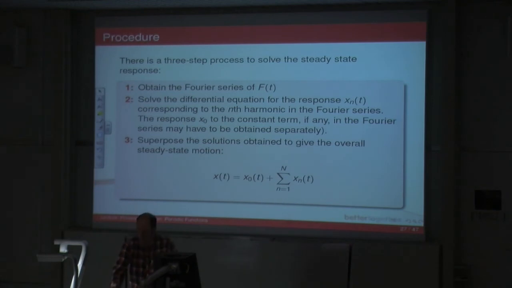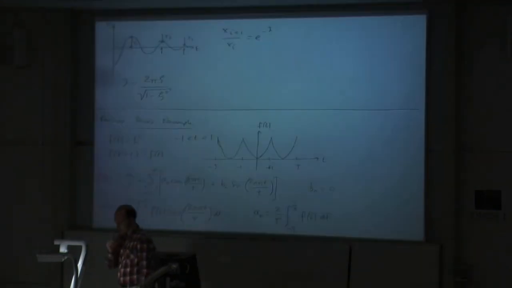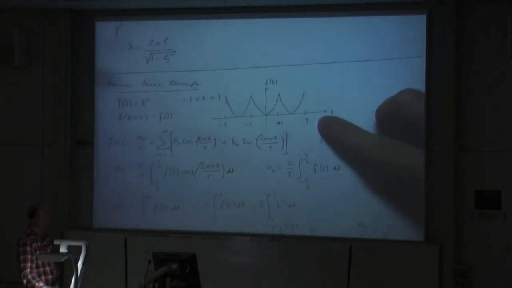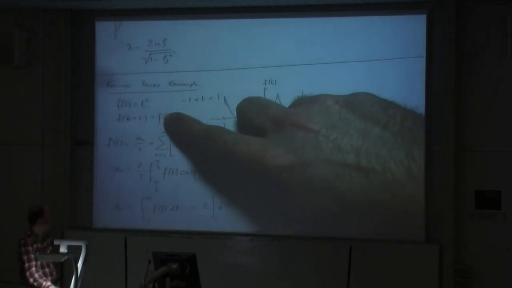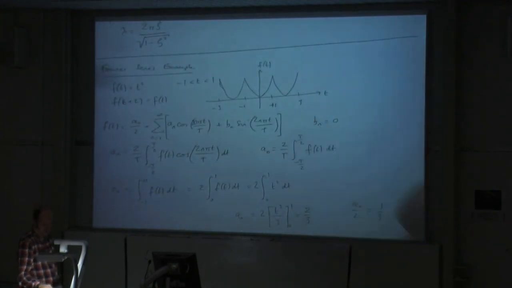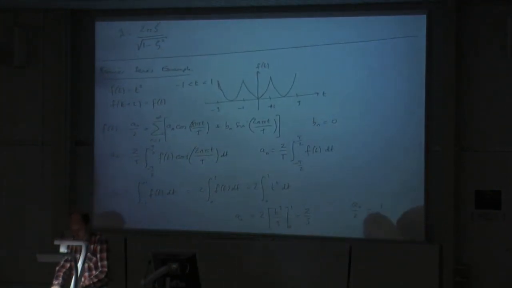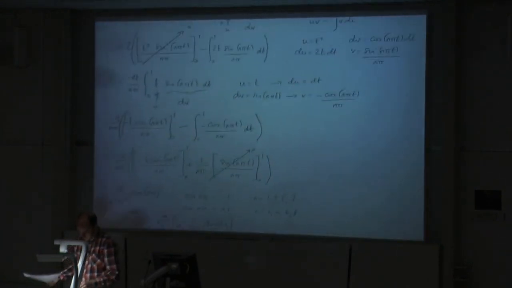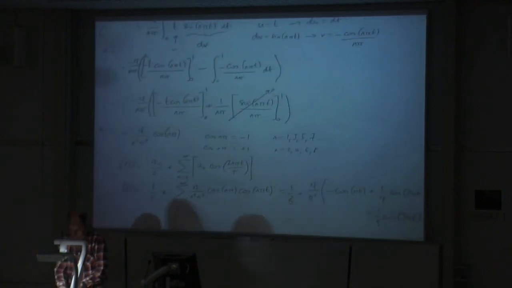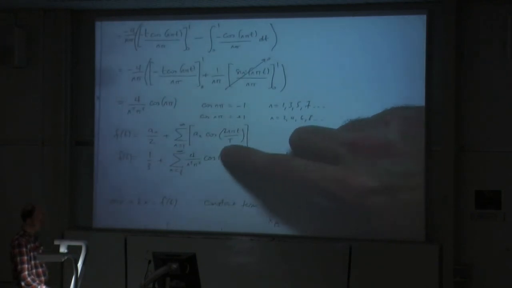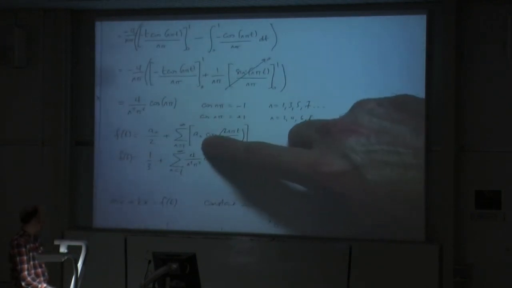So if we go back over the problem that we've just done, we've got our function, that's been defined over here, and we go through and we find the Fourier series. There's the general equation. We've got a of 0, and we've got a value for a of n.